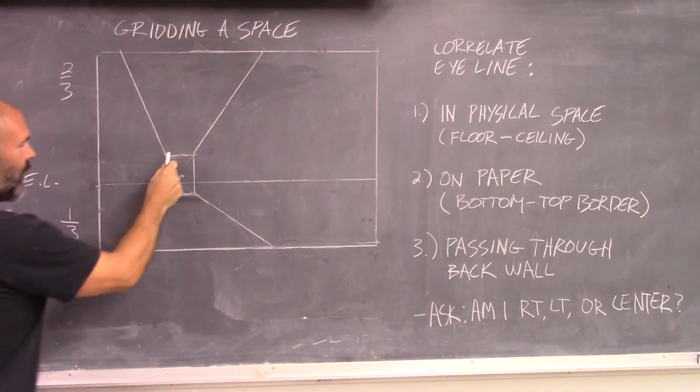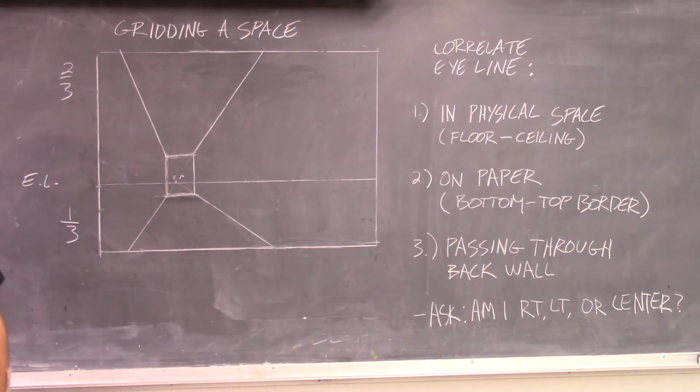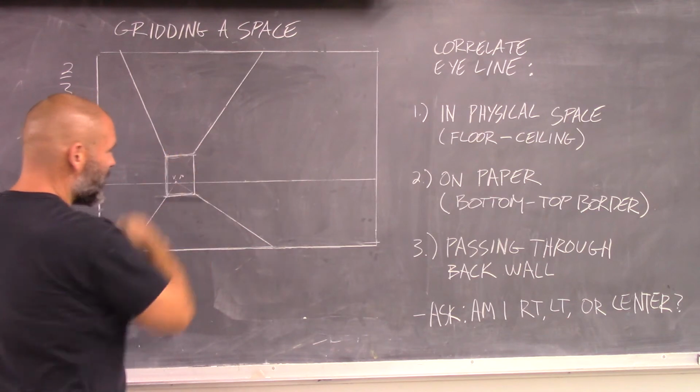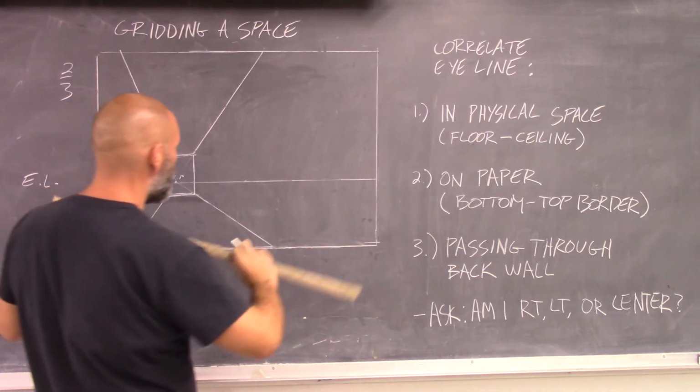Okay, and this is the grid of that space, okay? Now anything that's happening on the walls, say for instance, maybe we have a set of lockers or something happening on these walls.